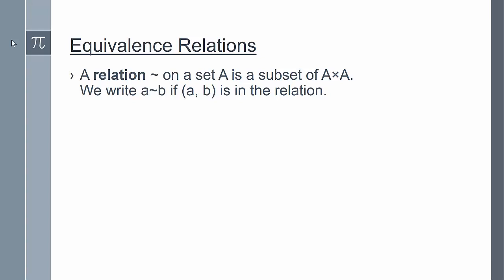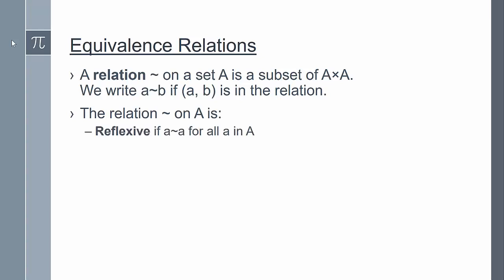A cross A would be the set of ordered pairs (a, b), where a and b are elements of A. So we say that a is equivalent to b, or a is related to b, if (a, b) is in this relation. A relation has different characteristics. One thing a relation can be is reflexive.